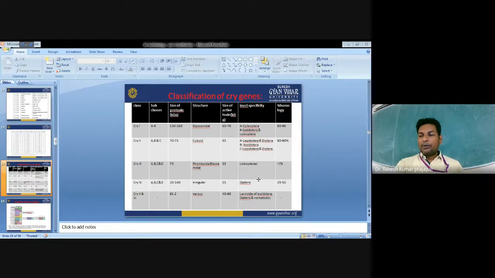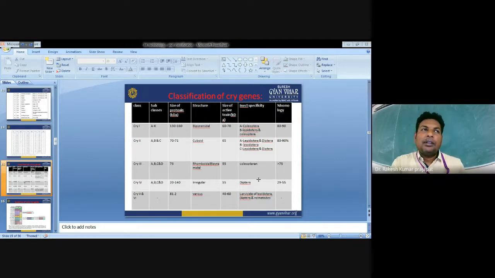The structure of Cry1A protein is bipyramidal. The size of the active toxin is 60 to 70 kilodalton. Insect specificity is against Coleoptera and Lepidoptera.